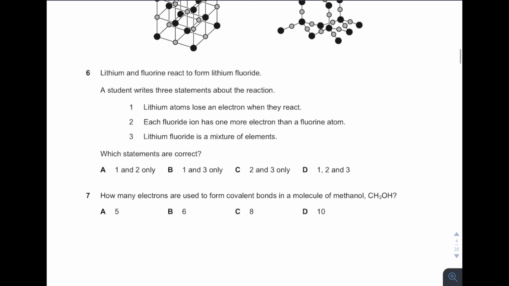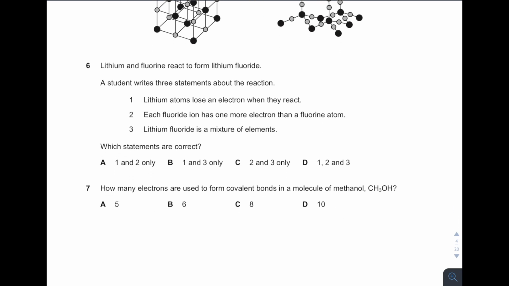Number 6. Which statements are correct? First, lithium atoms lose electrons when they react. Yes, metals lose electrons to form positive ions. Correct. Each fluoride ion has 1 extra electron compared to the fluorine atom. Yes, it is. Remember, non-metals gain electrons to form fluoride ions.